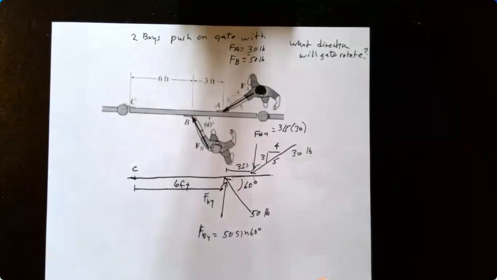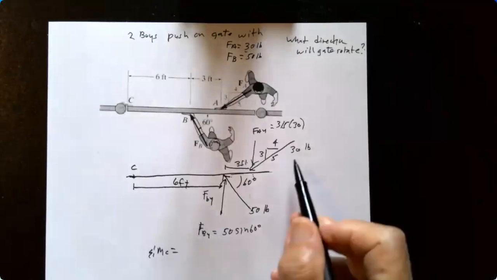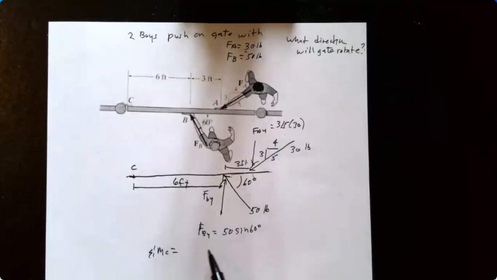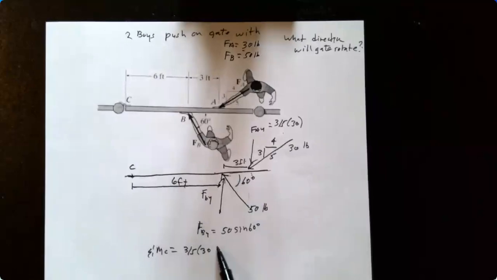So very simply, all I need to do is do the moment. So I'm going about C for this first force. So this is 3/5 of 30 times the moment arm, which is going to be the 6 feet plus the 3 feet, times 9 feet.